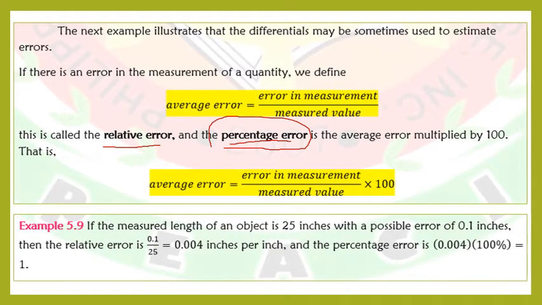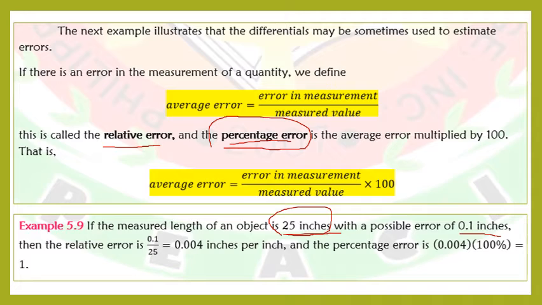So, for example, if the measured length of an object is 25 inches with a possible error of 0.1 inches. Okay, so ito yung error niya. Then, the relative error is 0.1 divided by 25. Kasi di ba ang formula ng average error natin, or the relative error, is error in measurement divided by yung measured value natin na 25 inches.